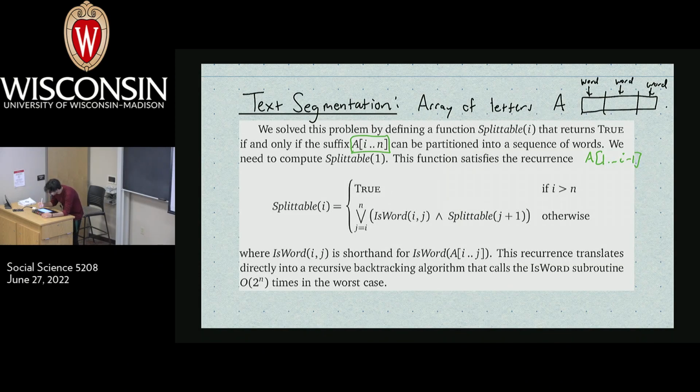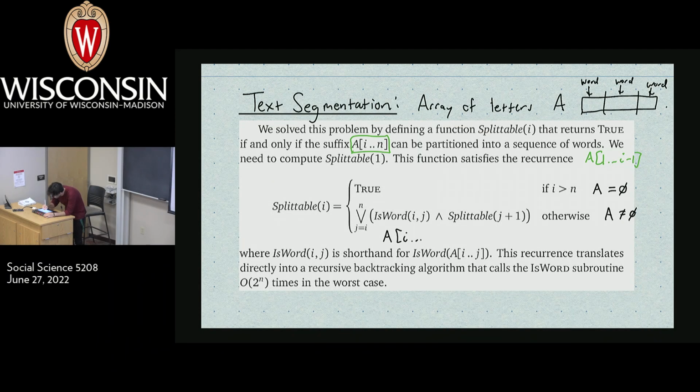So how do we do this? Well, if i is greater than n, the array is empty. And so obviously you can split up an empty array by doing nothing, and that's a valid word vacuously. Otherwise, if the array is not empty, you have at least one character, and then you're going to basically look at every possible word that starts with a_i.